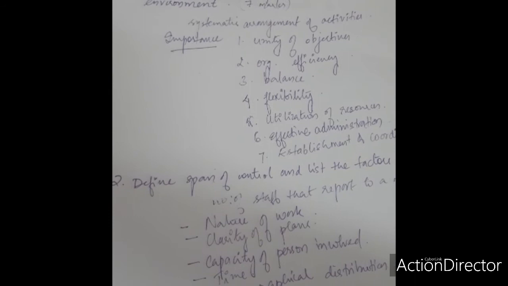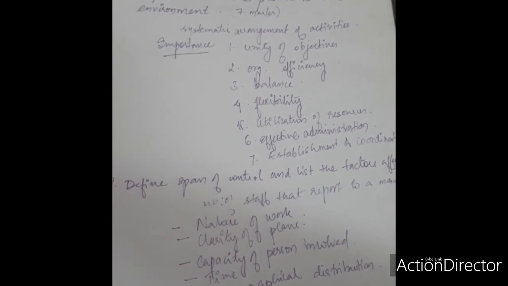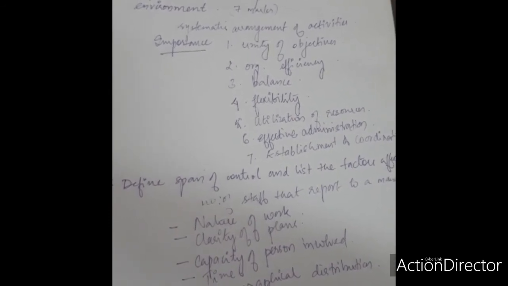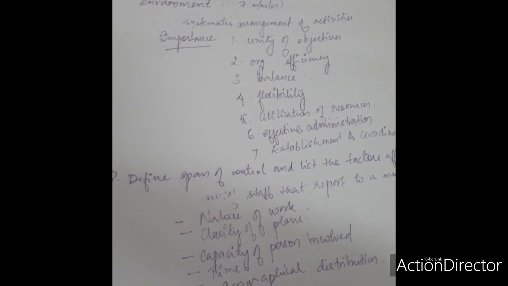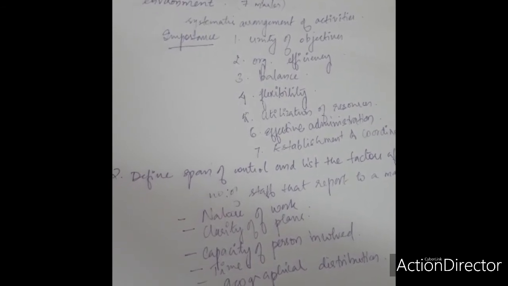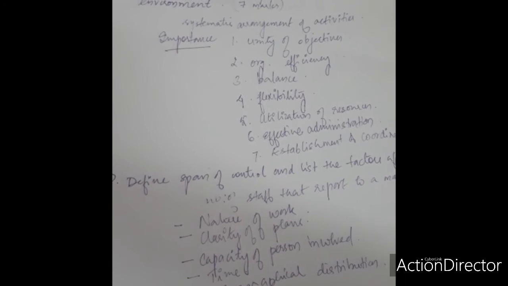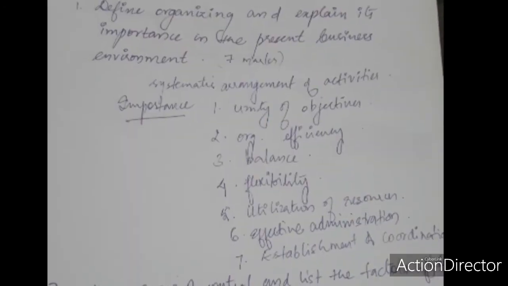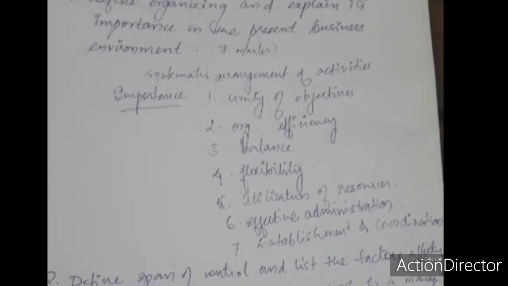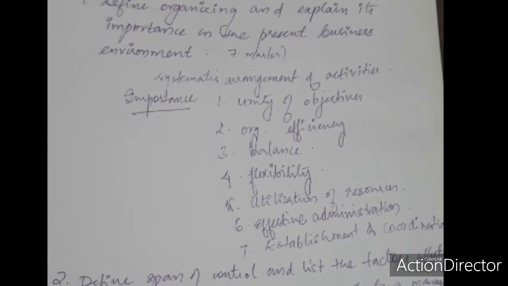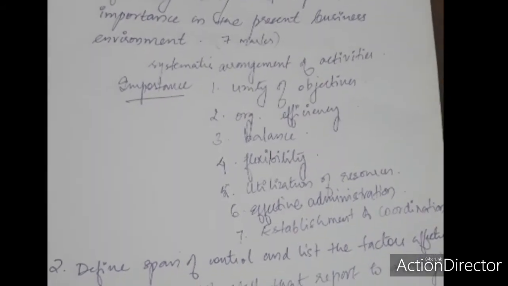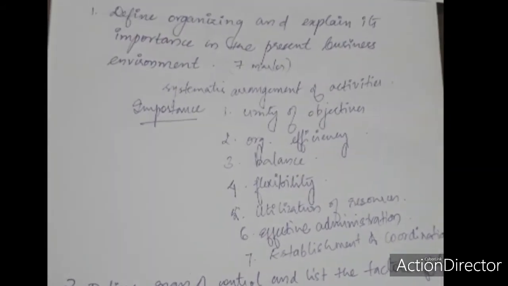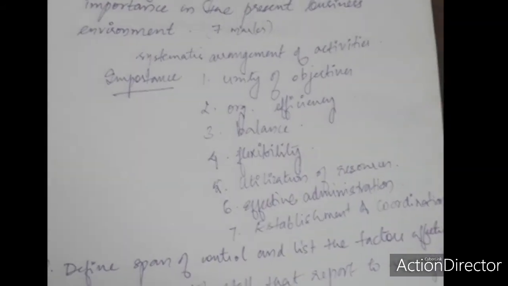Next is effective administration. Administration in the sense that the organizational structure is helpful in defining the job positions, right? The functions of management, if it is systematic, and appropriate functional groups are provided to help the managers to manage. So it defines how well you can achieve the process of administration. And lastly, it is establishment of coordination.